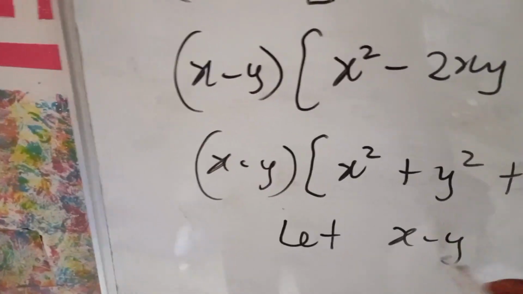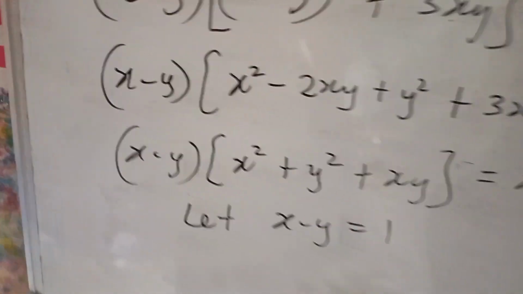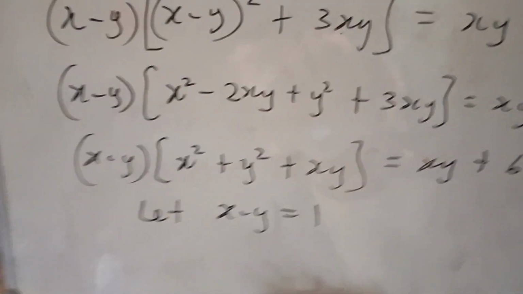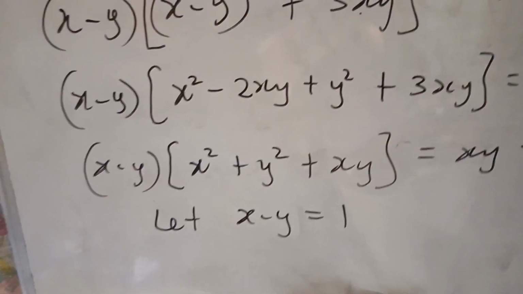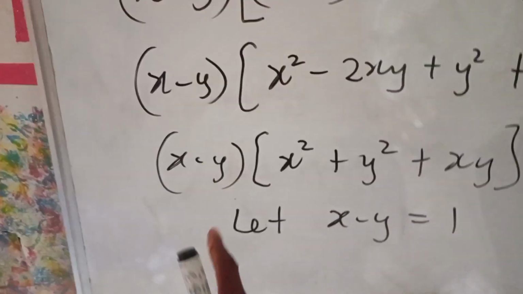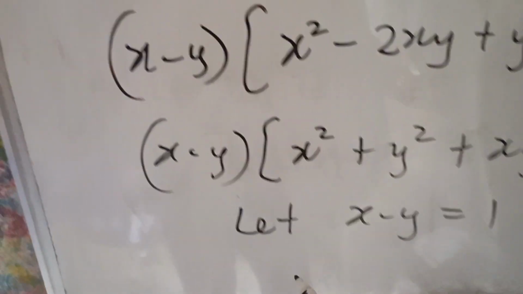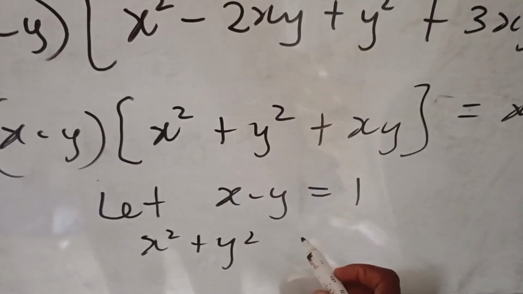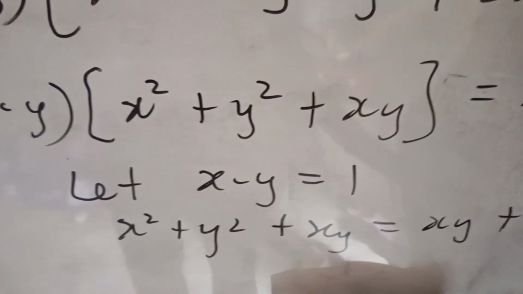Let x minus y be equal to 1. So if x minus y equals 1, then this place is going to be 1 times this. So what we now have at this point would be x squared plus y squared plus xy equals xy plus 61.